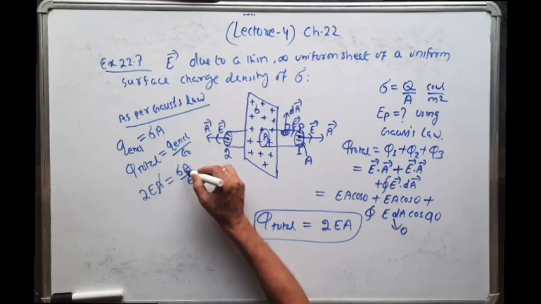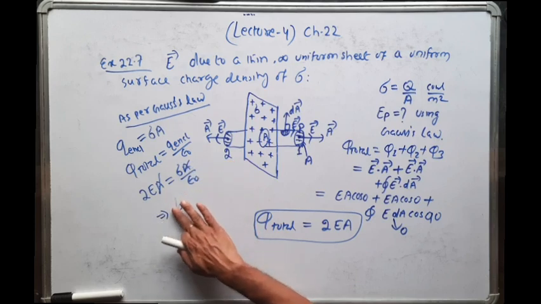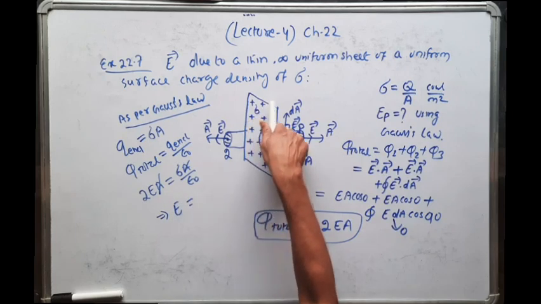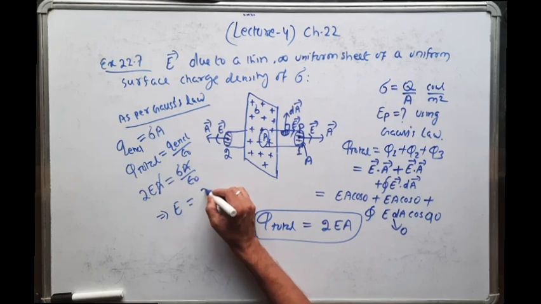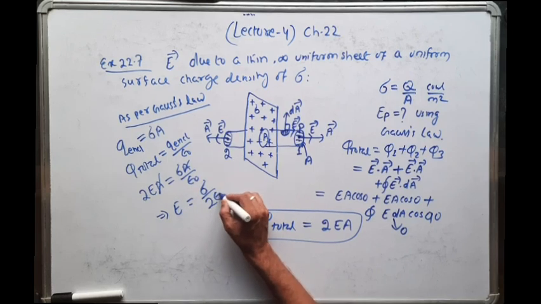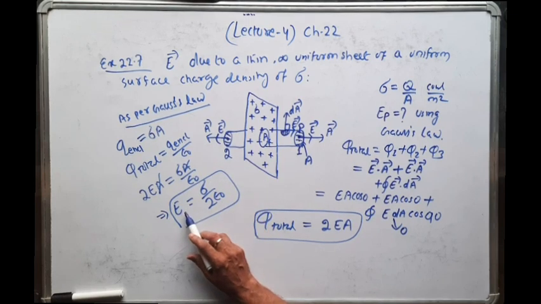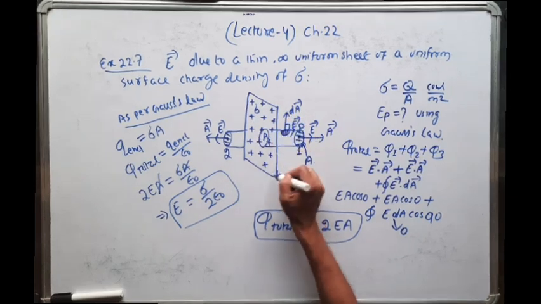So this A cancels. So we will get the electric field intensity in front of this charged sheet equal to sigma upon 2 epsilon naught. This is the derivation of electric field intensity at a point in front of a charged sheet.